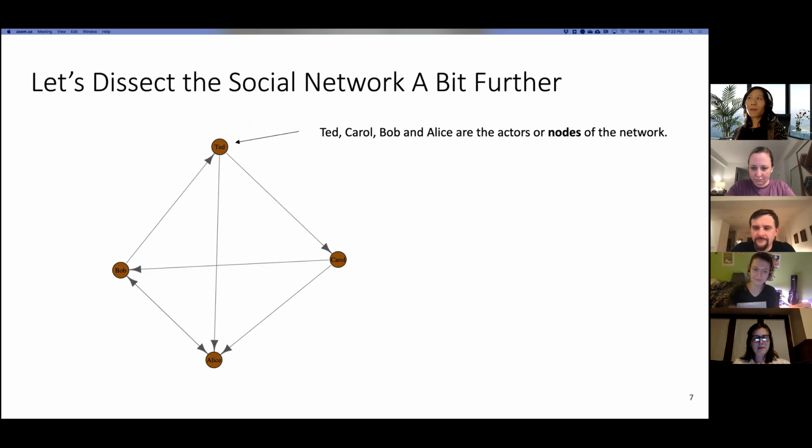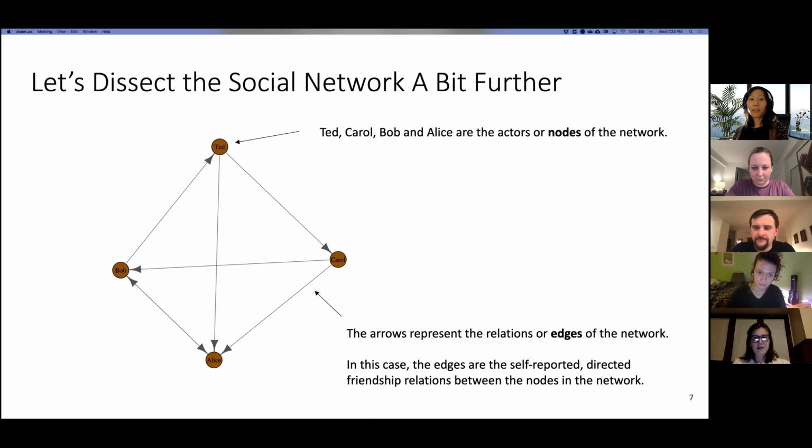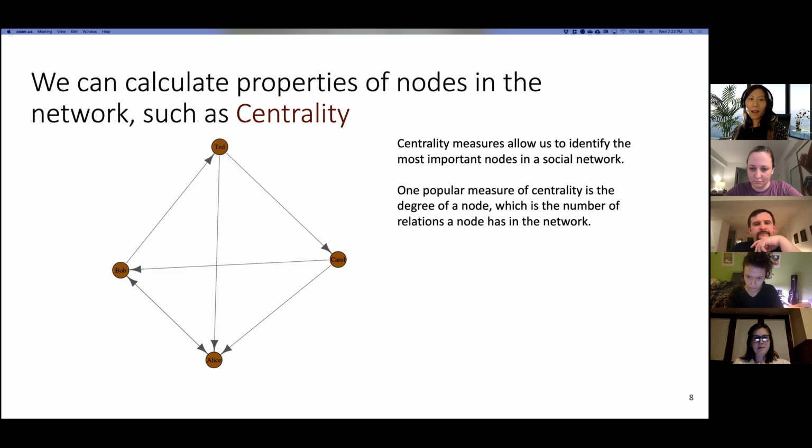Ted, Carol, Bob, and Alice are the actors, or they're called the nodes in the network. And then the arrows represent the relationships, the edges in the network. In this case, the edges are self-reported and they're directed friendship relationships between the nodes in the network, because we surveyed these people and they reported these relationships.